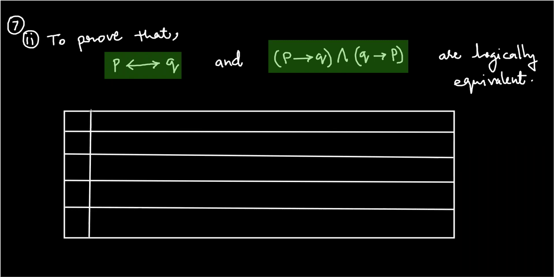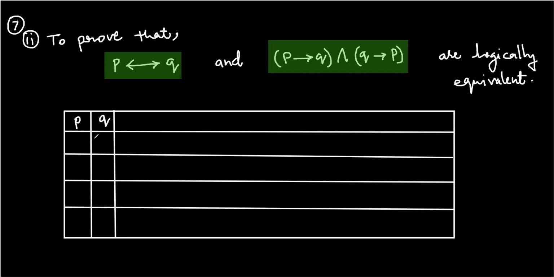The first column is always P. The first 2 or 3 columns are always for the component statements. So here, since we have 2 component statements, I will have 2 columns, P and Q. So P here, Q here. This row is the header.